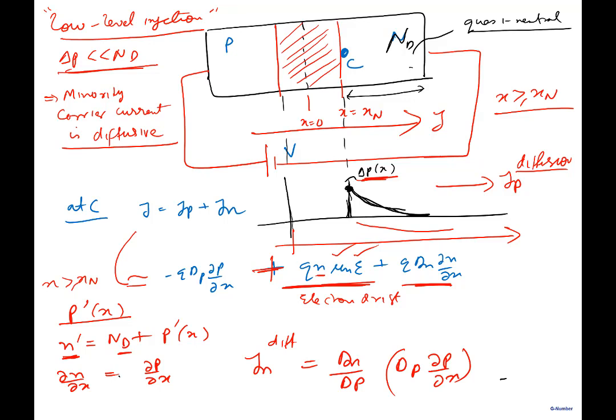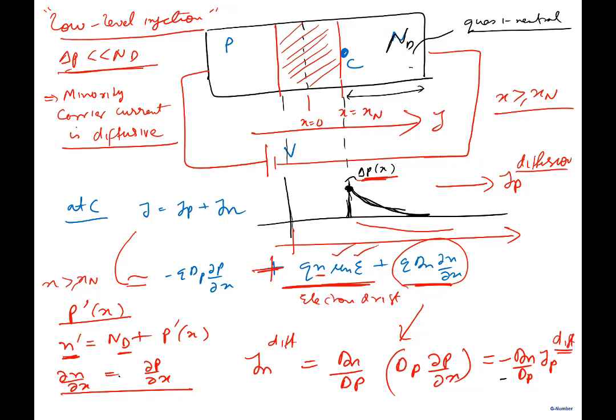Jn diffusion, this term, I can write it like this: Dn by Dp into Dp del p by del x, because del n by del x is equal to del p by del x. What does this tell us? This is equal to minus Dn by Dp times Jp diffusion.